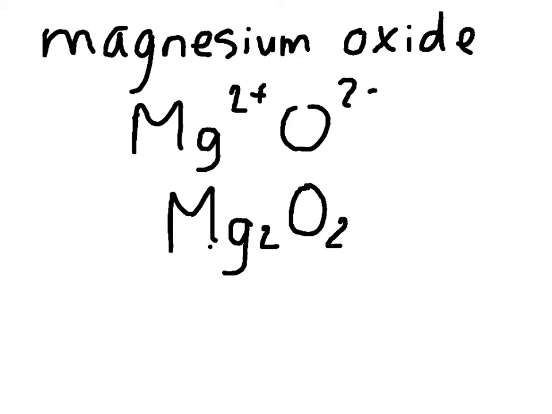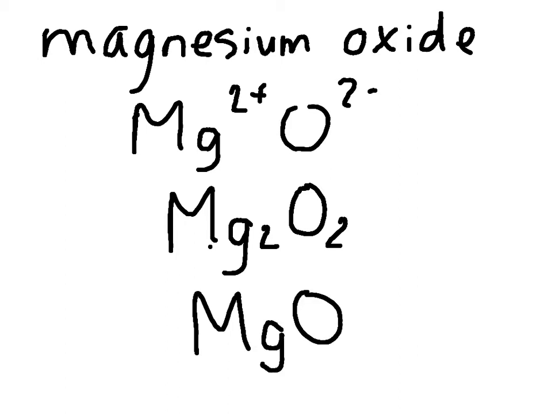However, with ionic compounds only, you must show your ions in their lowest possible combining ratio. And a 2 to 2 ratio is not in its lowest terms. So it's like math, you have to reduce these numbers. It's like reducing a fraction. So 2 2's divide into each other. And so this would reduce down to MgO.